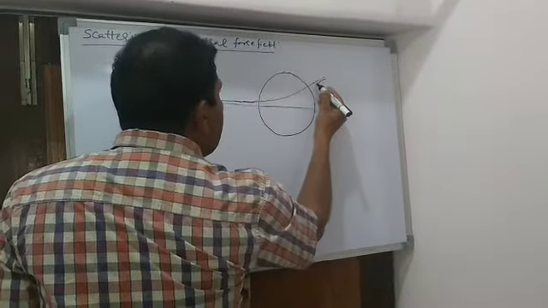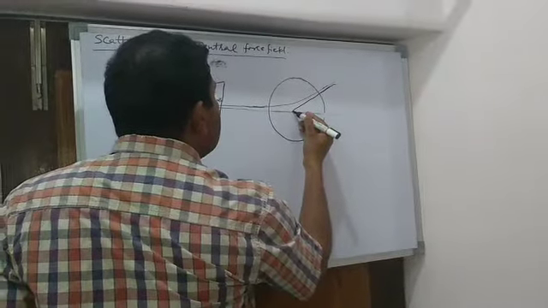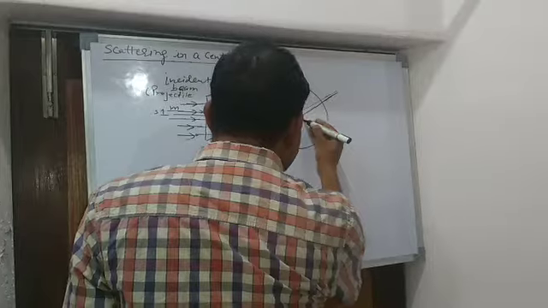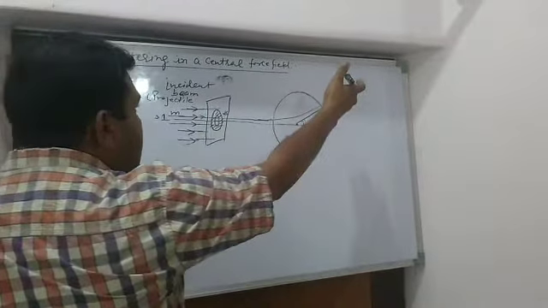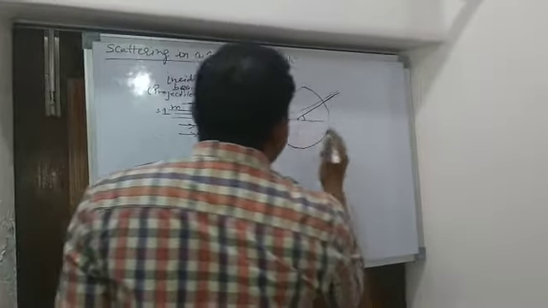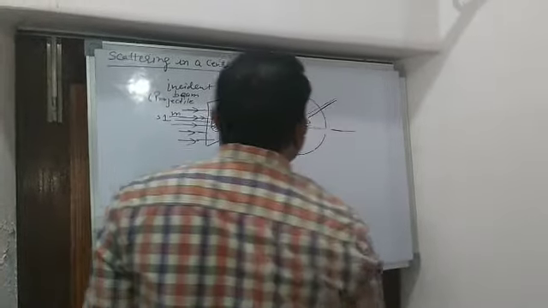Now we could draw an asymptote from here to a point that joins the center. This angle made by the final direction of the beam with respect to the incident direction or the center is called the scattering angle.